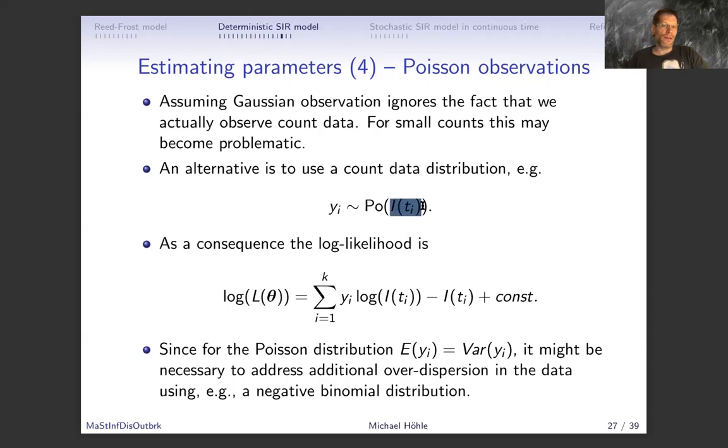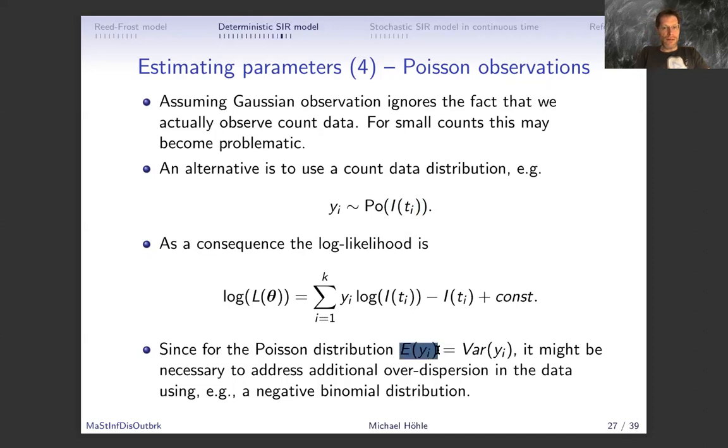So you say the expectation that you're modeling is a Poisson distribution instead of a Gaussian distribution with some extra variance, and then you get a different likelihood term. It's just to state that that's also one way to do it, which takes the count data into account, but please note that the penalty function you're using is a bit different than the one for the Gaussian case, unless you do the square root transform.